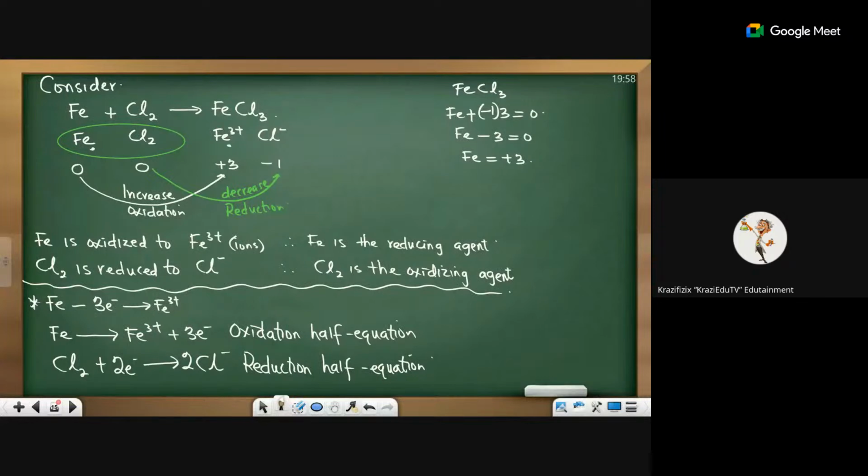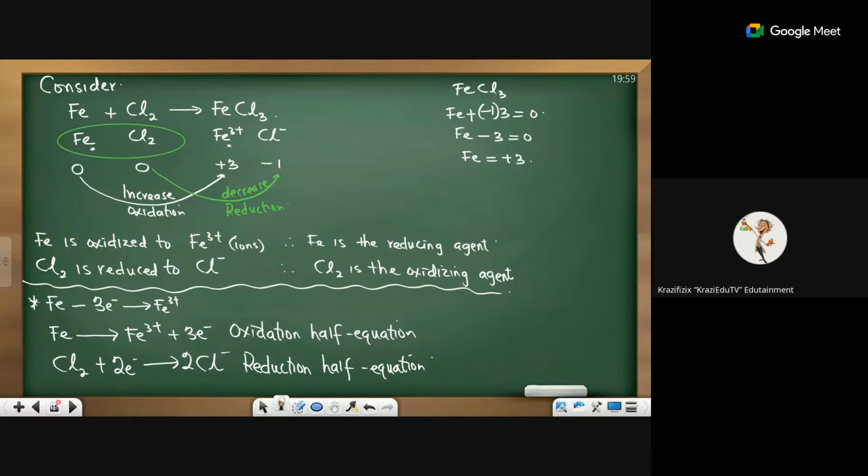Are we okay, guys? Half reactions or half equations. Remember what I said, the combination gives us the word redox. These equations cannot work on their own.